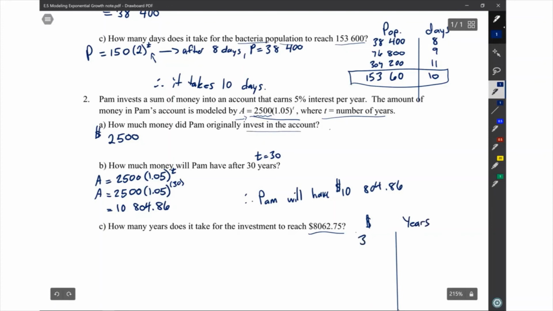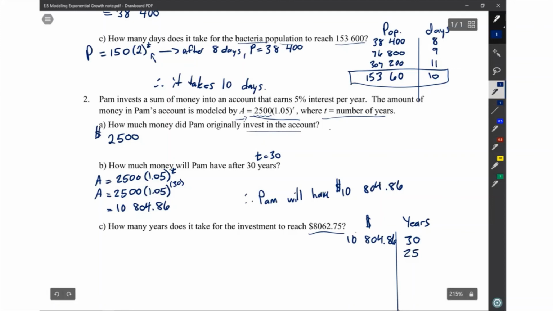So I know after 30 years Pam has $10,804.86. So we can try it by plugging it into our calculator and changing what's in that exponent there. I'm going to try 25 years because I know it should be less, but not a lot less.